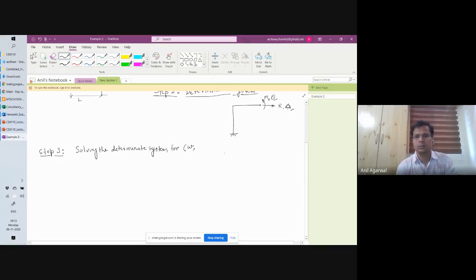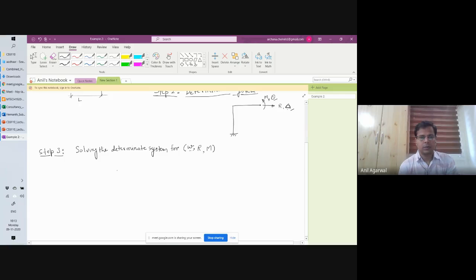And R and M. So solving this system for W, R, and M. Wherein W is the real force and R and M are the redundant forces that I have released. So essentially it is for two types of forces, real and redundant.